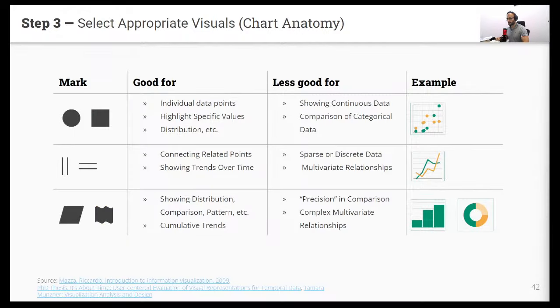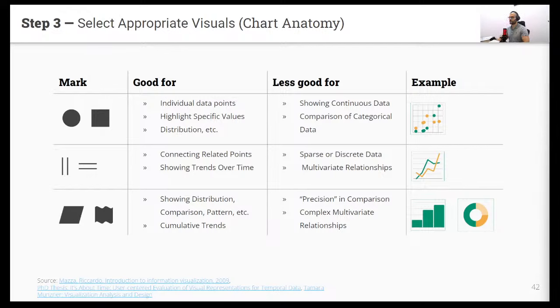Moving on to the actual marks, we have points, we have lines, and we have areas. Well, areas usually are shown for distribution, comparison, pattern, trends, and so on, but they are not so good for precision in comparison or complex multivariate relationships.